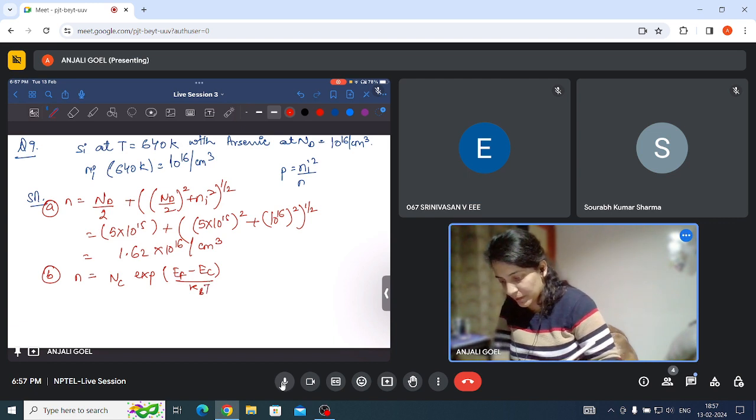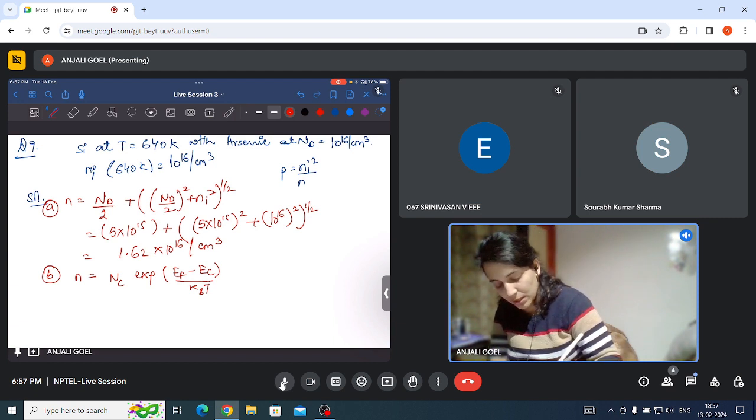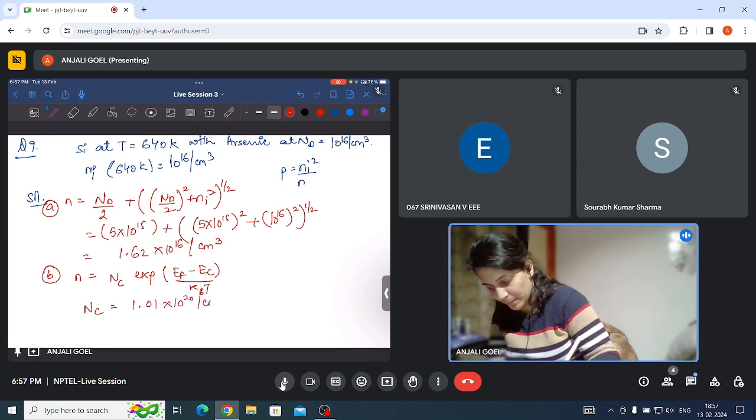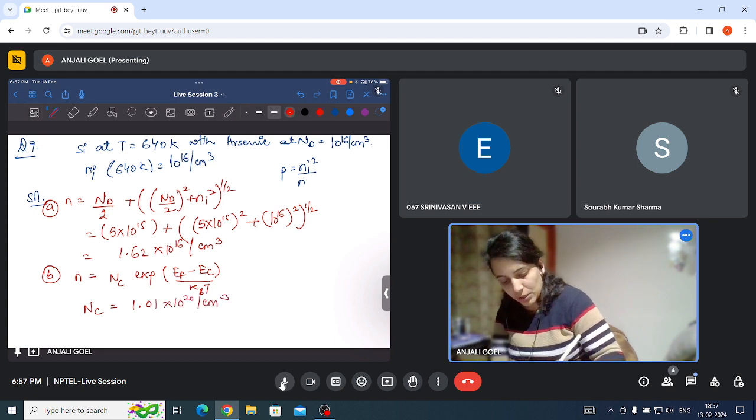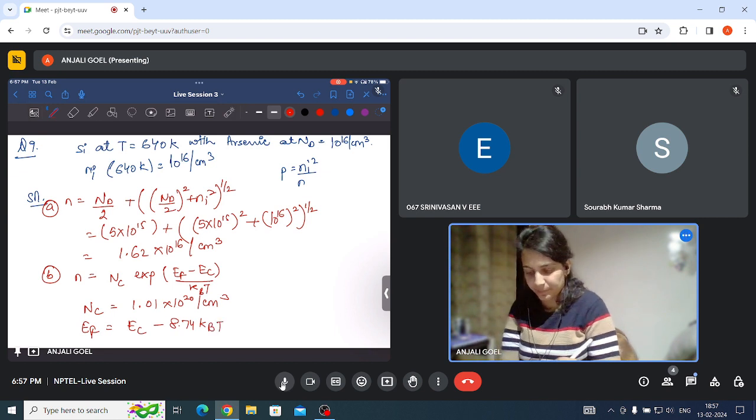So in this, Nc is temperature dependent, as I have told you earlier. So for this, Nc becomes 1.01 × 10^20 per centimeter cube. So EF is equal to EC minus 8.74 kBT.